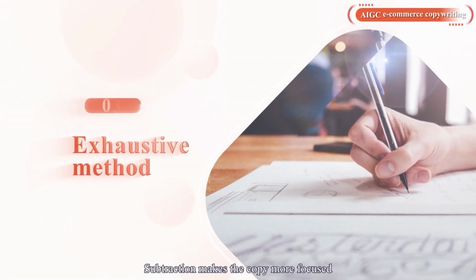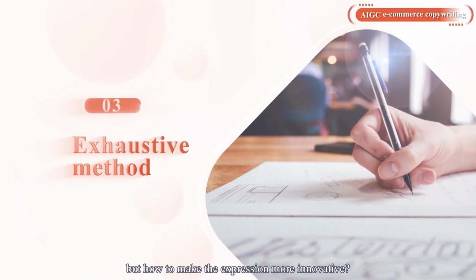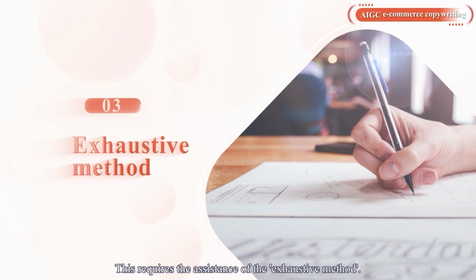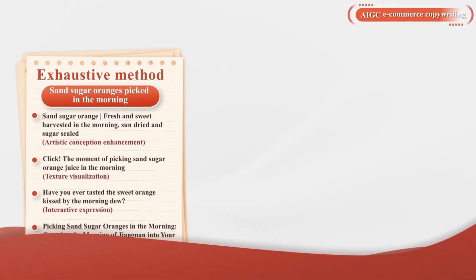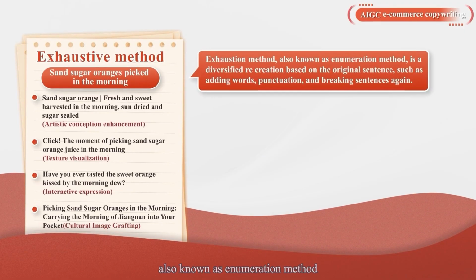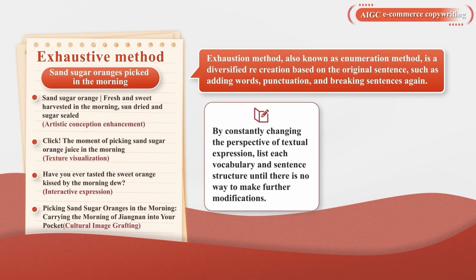Subtraction makes the copy more focused, but how to make the expression more innovative? This requires the assistance of the exhaustion method, also known as the enumeration method. It is a diversified recreation based on the original sentence, such as adding words, punctuation, and breaking sentences again.